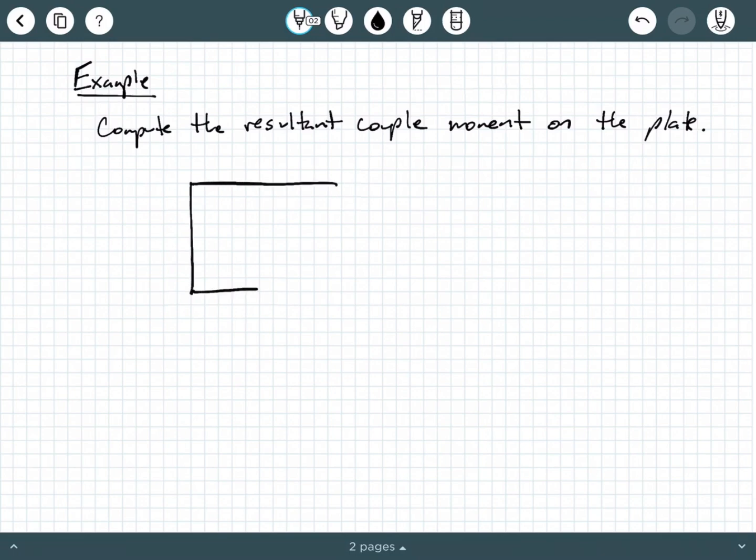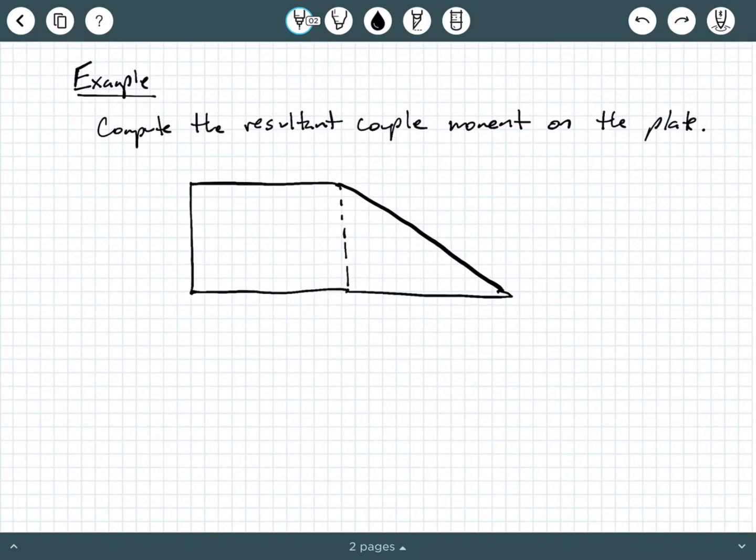It's really like a rectangle with a triangular piece at the end. There we go. Actually, let me just put a little dash line there to show that that's where the transition to the triangle is. So let's put some dimension lines on this.